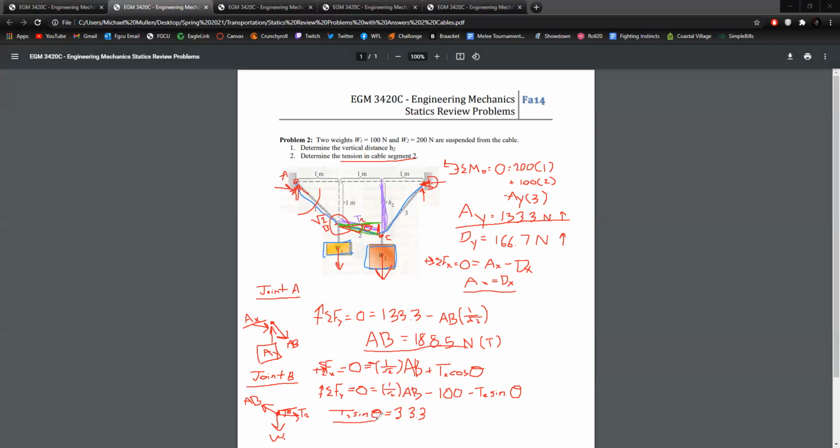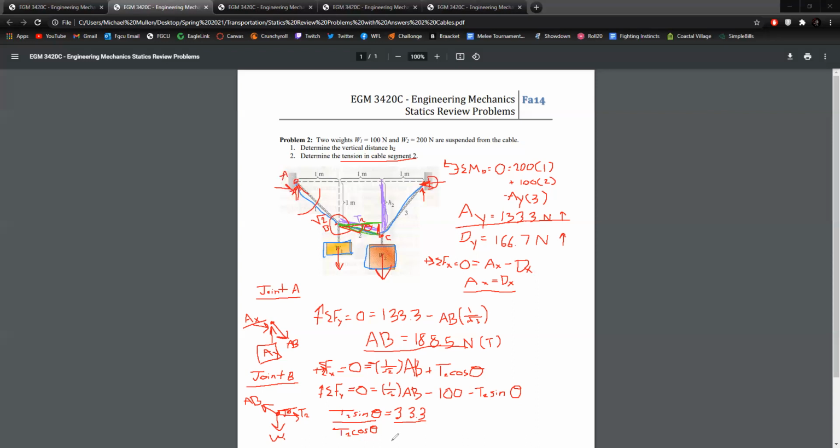And we can say this is divided by T2 cosine theta. And remember this from your algebra class, you can divide equations by other equations to cross off unknowns.